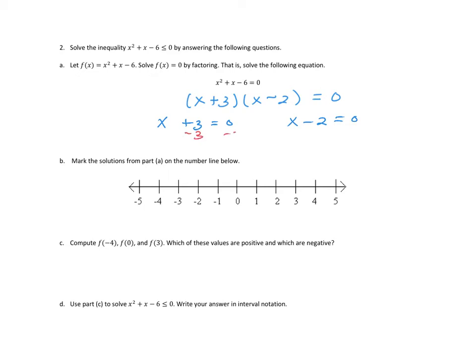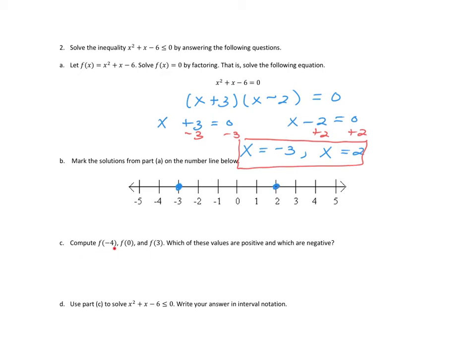So I would subtract 3, and this one I'll add 2, and we get our 2 solutions. x is equal to -3, as well as x is equal to +2. So that was part A, finding our solutions. I will now plot those on the number line in part B. Let's see. Okay, so -3, that's a 0, so it's +2.